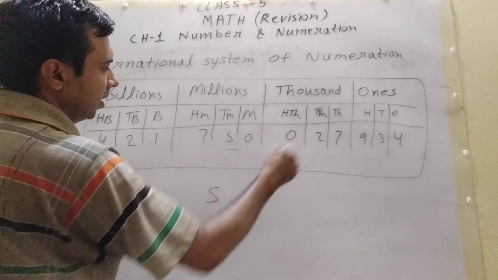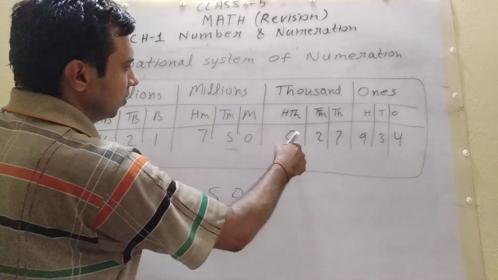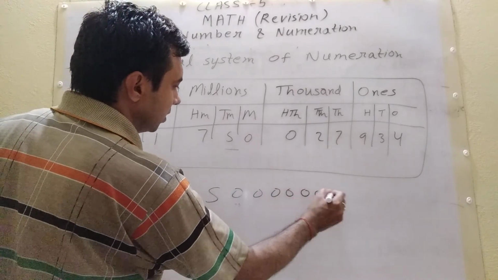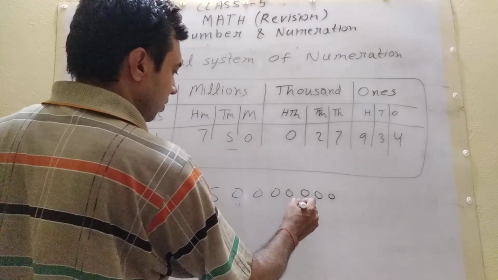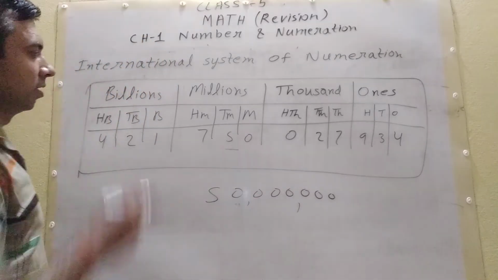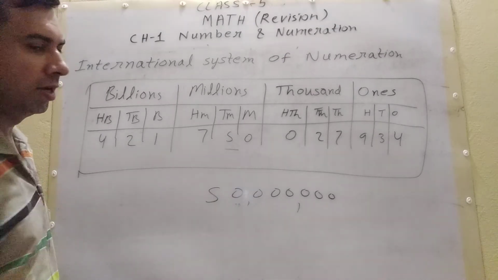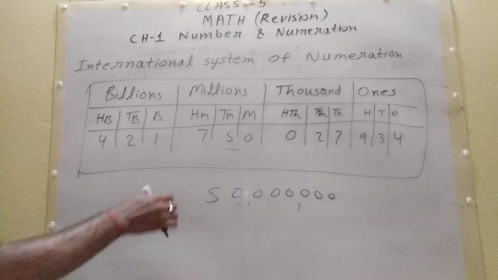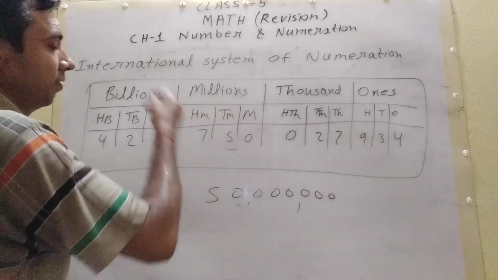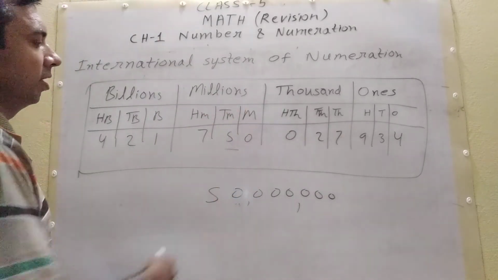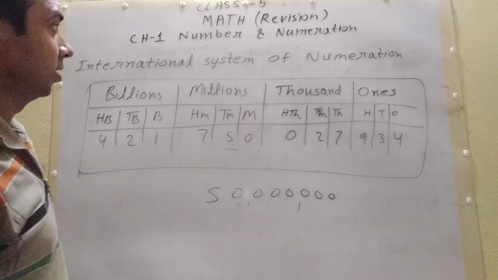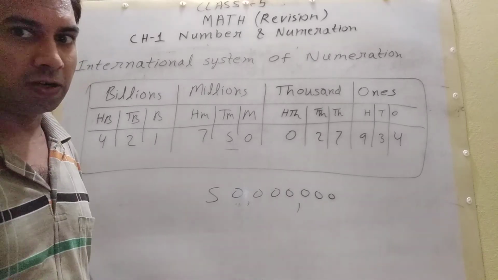I write 5 and the rest of the digits 0: 1, 2, 3, 4, 5, 6, 7, with commas after 3 and 3. In this manner you can write the place value. And if it is mentioned 10 million, then also you can easily find out. You put the place value and then you can easily get your answer. So in this way you find out the place value.